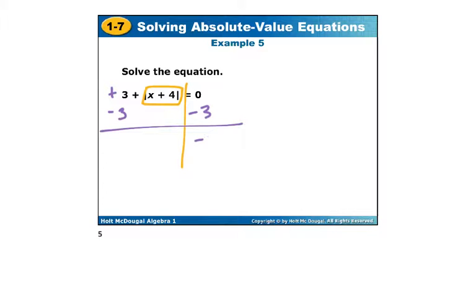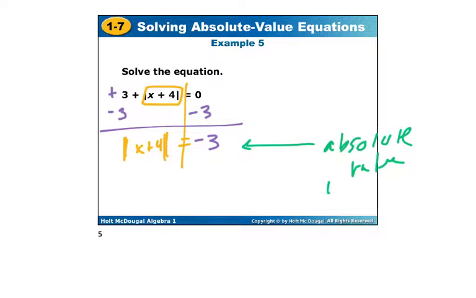And so now we're going to have negative 3 equal to the absolute value of x plus 4. Alright, so again, the problem here is that we are trying to say that an absolute value cannot result in a negative answer.